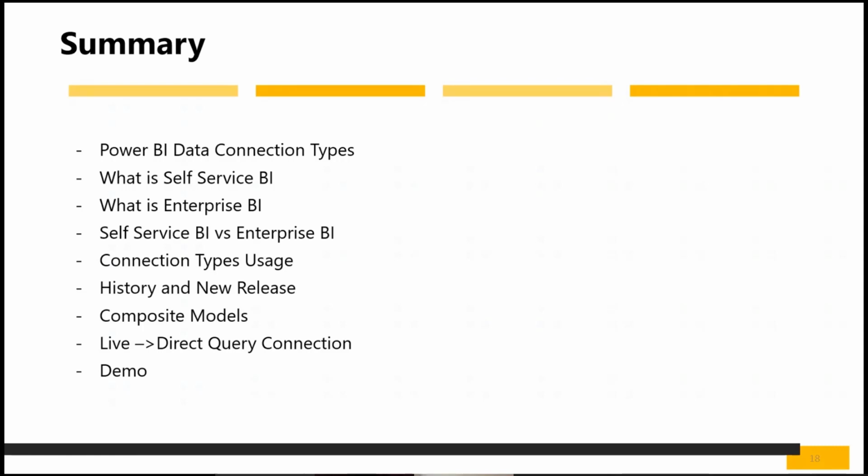I gave an introduction about what self-service BI and enterprise BI are, and the difference between them. And I explained the connection types using a diagram. I hope you could get an idea about those things.